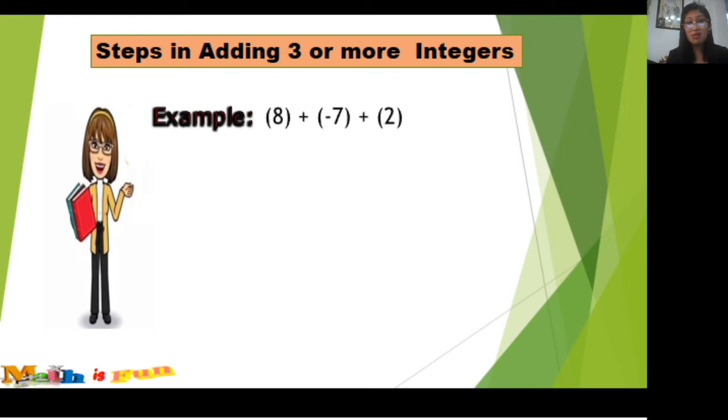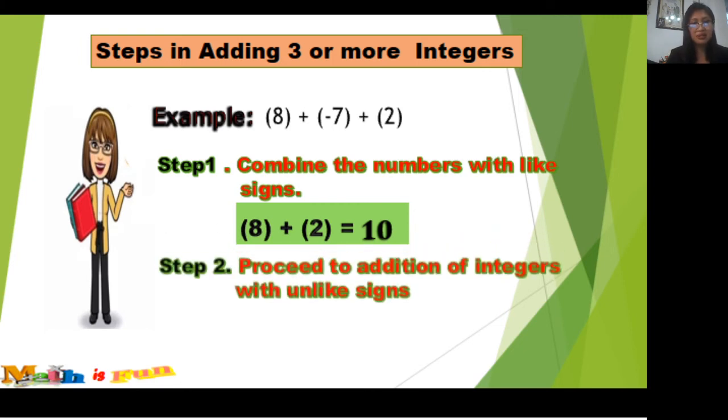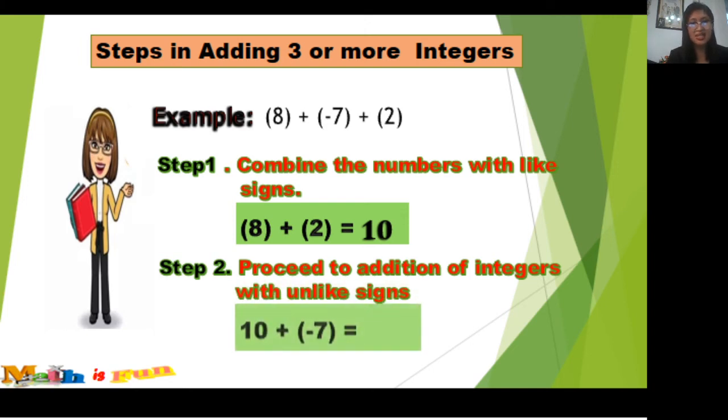The first thing that you have to do is combine the numbers with like signs. 8 and 2 are both positive, so you have to combine them first before adding to negative 7. So, 8 plus 2, the sum is 10. After getting the sum, you have to add to the remaining integer. Then proceed to addition of integers with unlike signs.